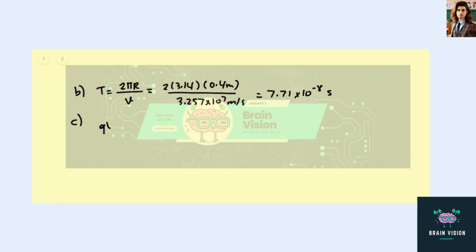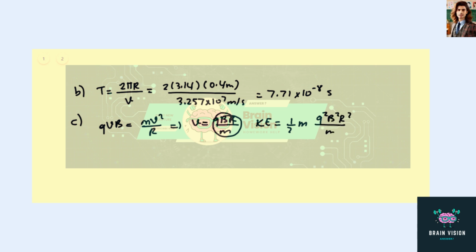Well, first we did QvB equals mv squared over r. So from here, v would be QBr over mass. And then we said the kinetic energy is going to be equal to 1/2 m times the square of this term, right? Q squared, B squared, R squared over m squared. So the m's are going to cancel out: 1/2 Q squared B squared R squared over m. That's exactly what we did, right?